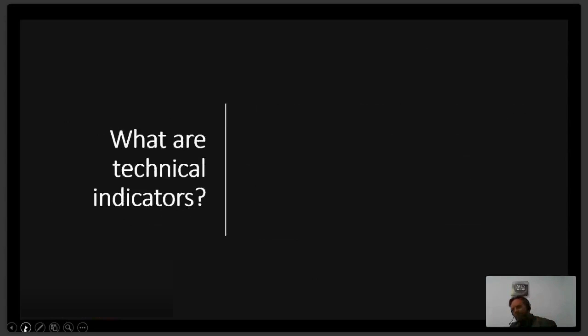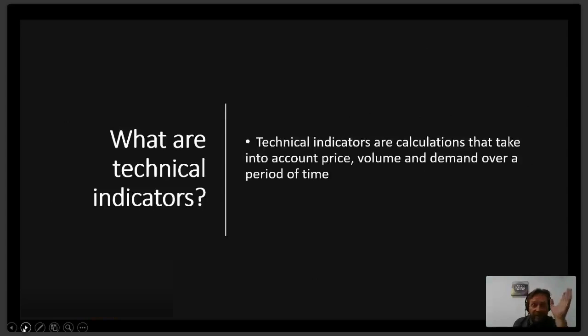Now, when it comes to technical analysis, there are a number of what are called technical indicators, which traders try to use to identify these patterns, these trends, and where the asset may go. They take into account price, volume, and demand over a period of time. That's how they calculate it.